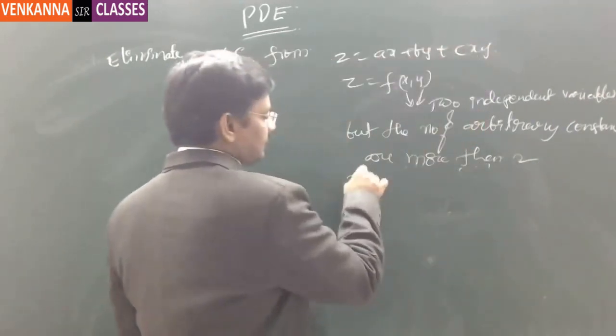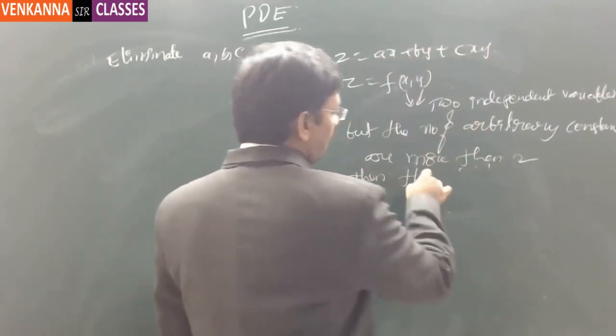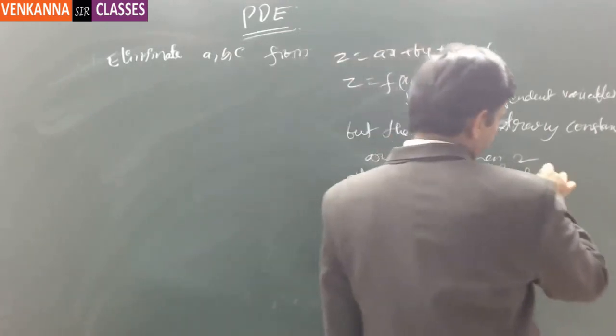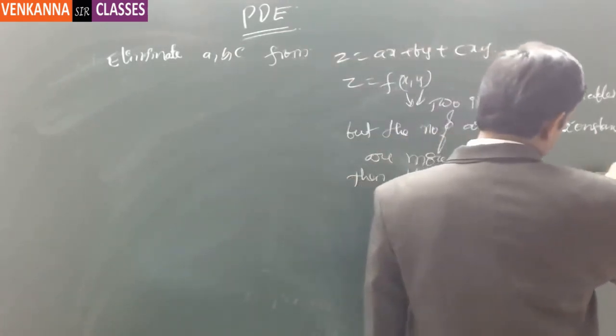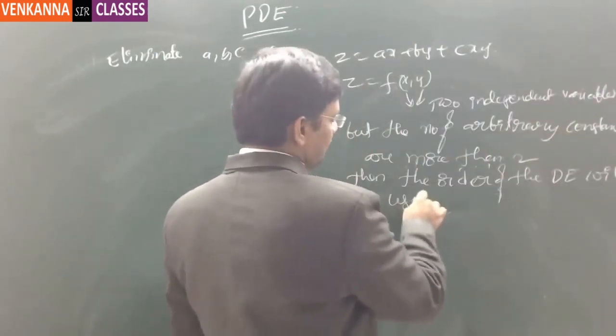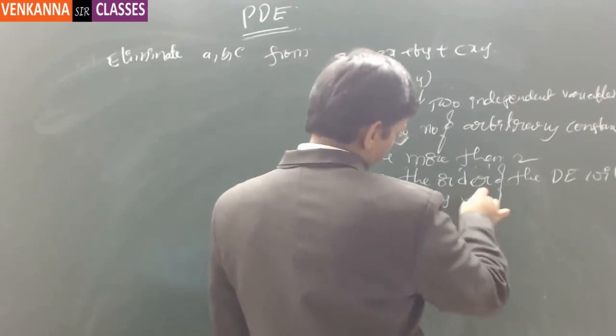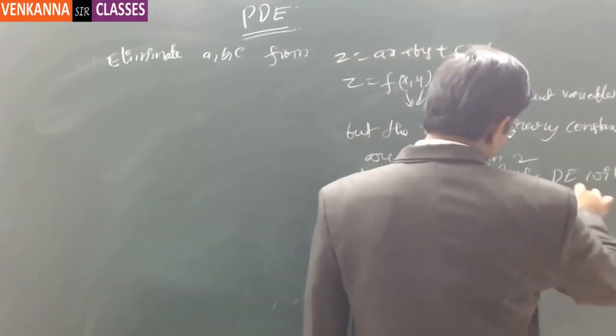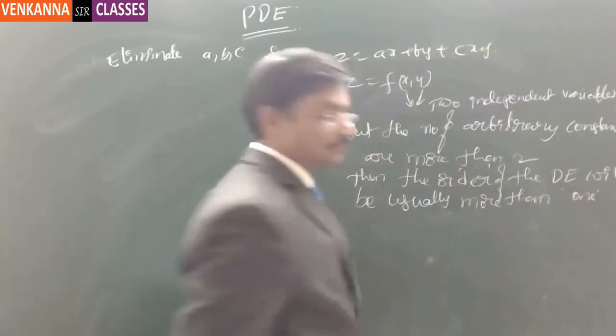So then the order of the DE will be usually more than 1. So this is the principle.